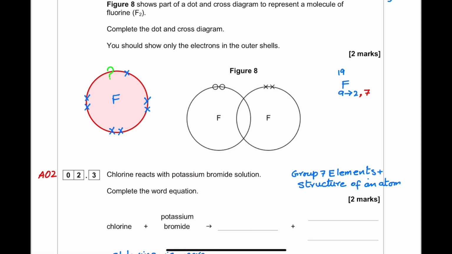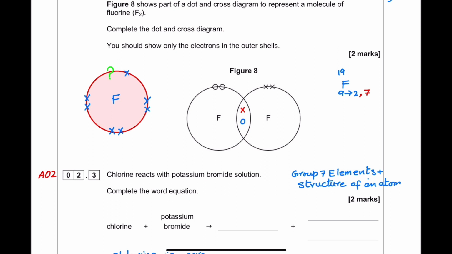If we use the dot and cross diagram, this fluorine is going to share one electron, and this fluorine is going to share one electron.